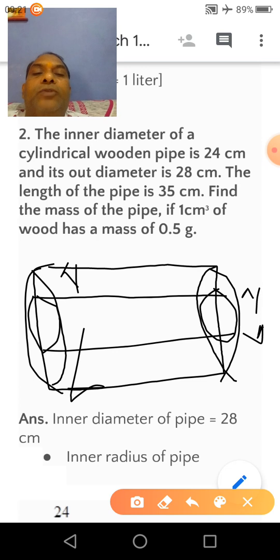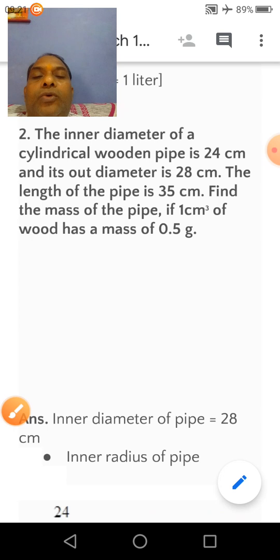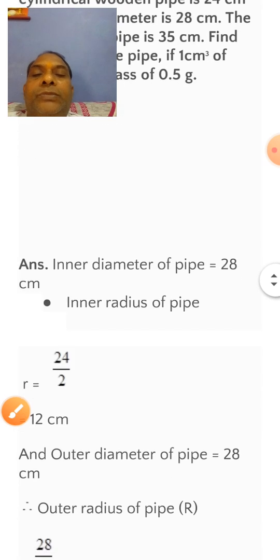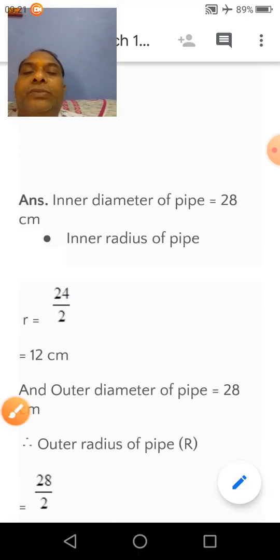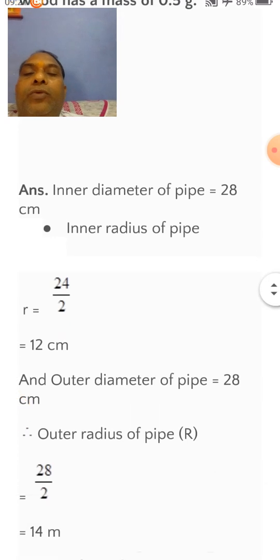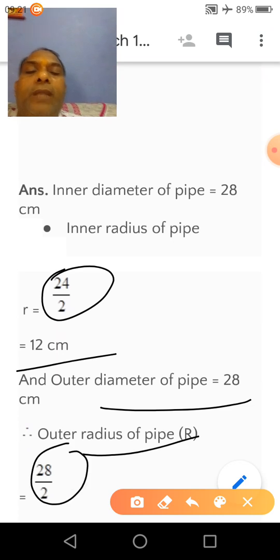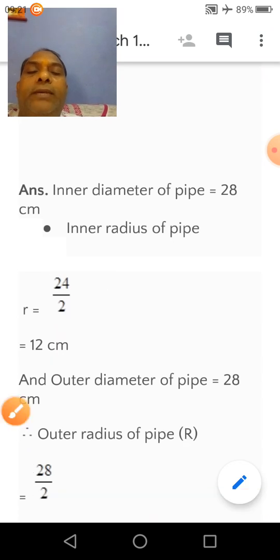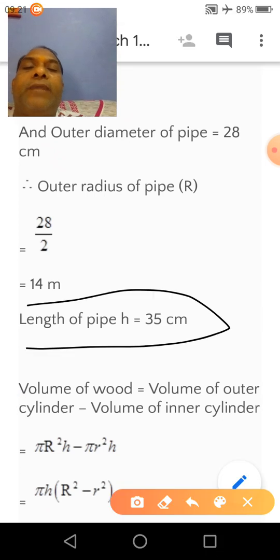Inner diameter is 24, sorry, and outer diameter is 28. Clear? So inner radius will be 24 upon 2 is equal to 12 centimeter, and outer diameter is 28, then outer radius will be 28 upon 2 is equal to 14 centimeter. Length of pipe is given 35 centimeter.